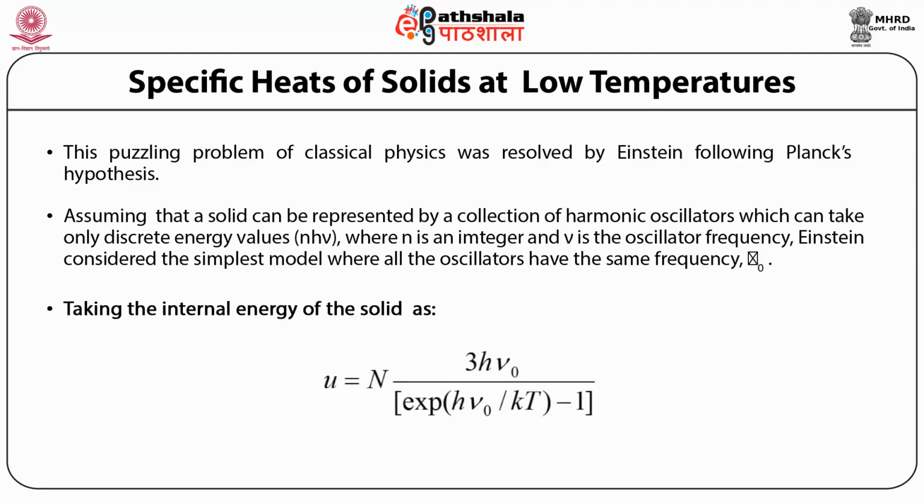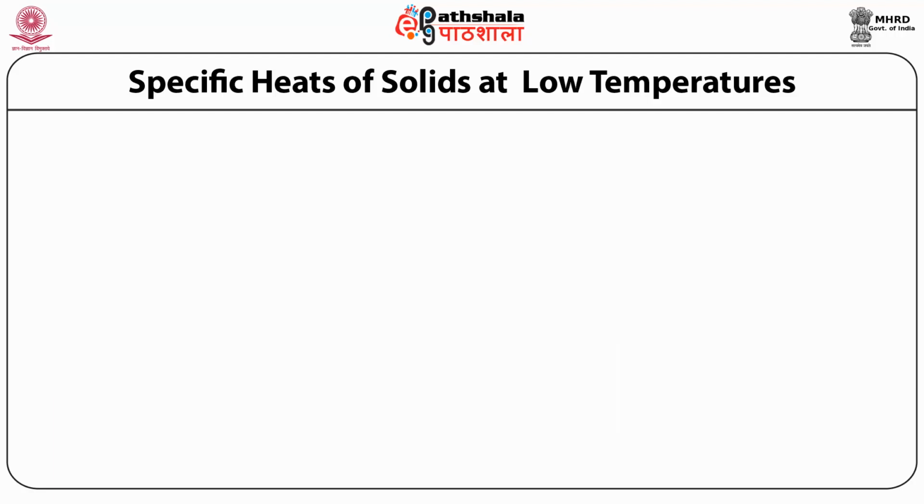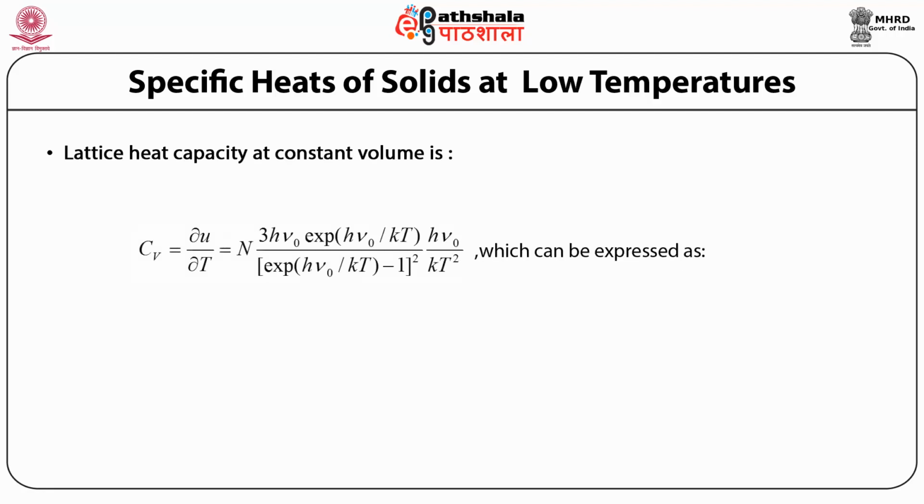Thus, the internal energy of the solid is U equals N into 3h nu 0 by exponential h nu 0 by kT minus 1. And the lattice heat capacity at constant volume is Cv equals dU by dT equals N into 3h nu 0 exponential h nu 0 by kT by exponential h nu 0 by kT minus 1 whole square into h nu 0 by kT square.